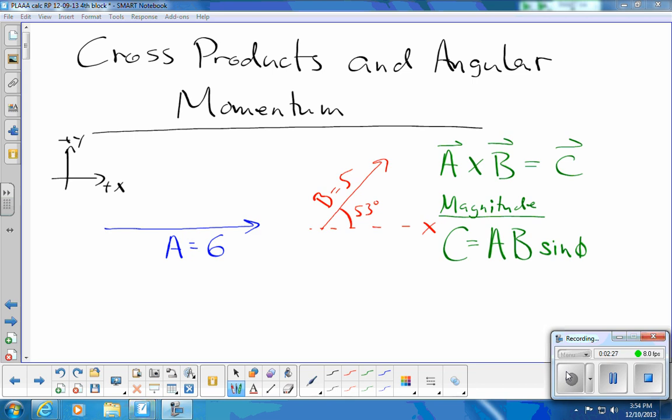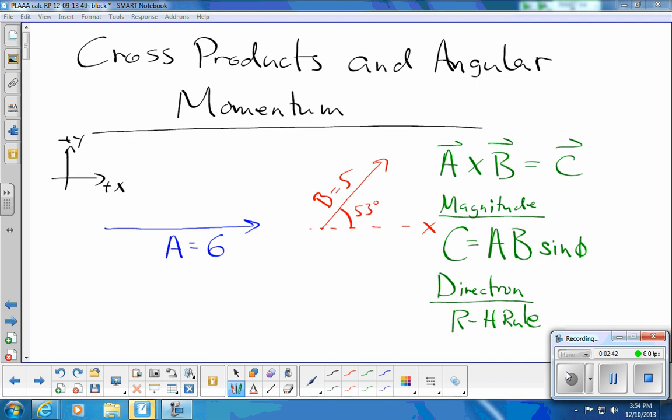And the direction of vector C is found by applying the right-hand rule that I will go over with you in just a second.